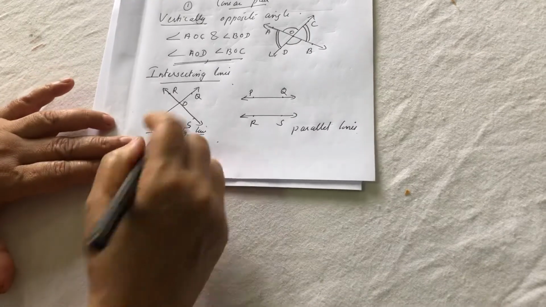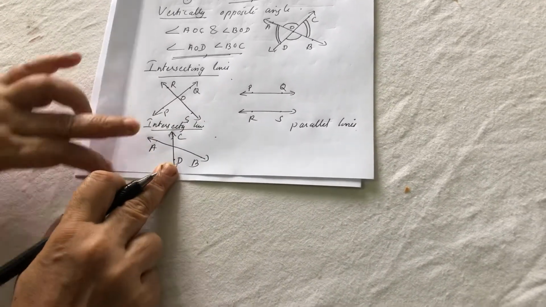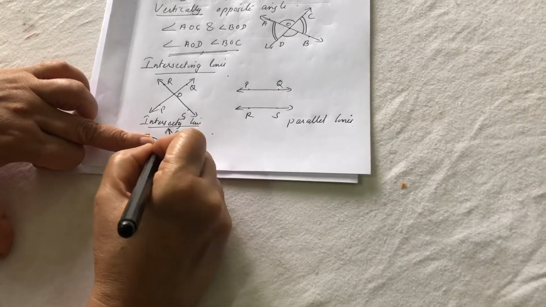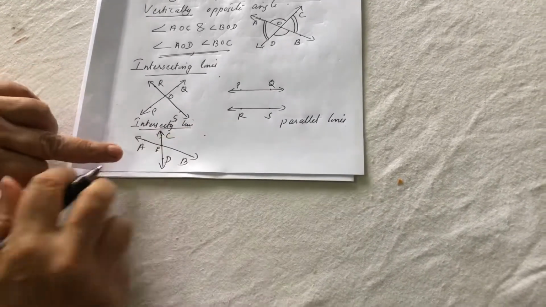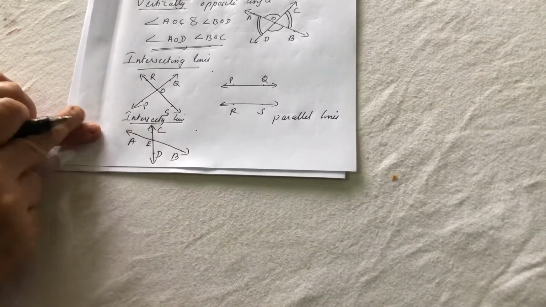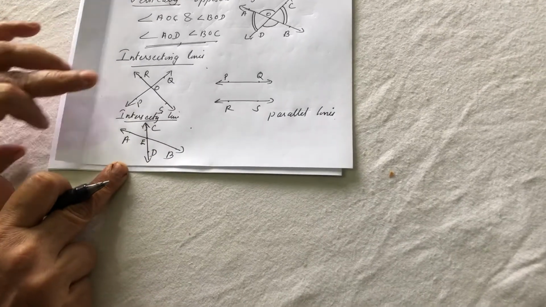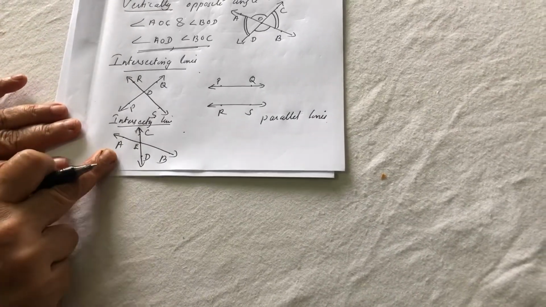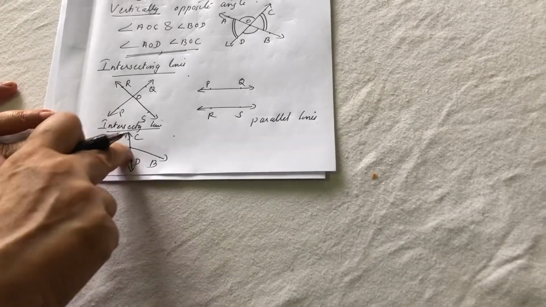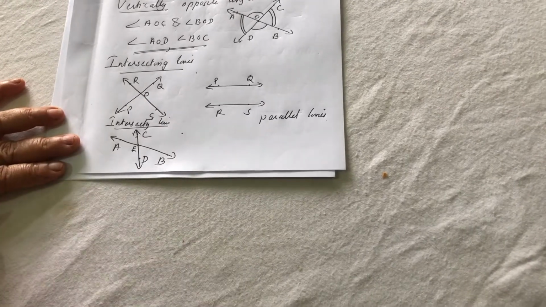These two lines are said to be intersecting if a point is there, suppose you take this point as E, through which the two lines pass. So what do you mean by intersecting lines? Two lines are said to be intersecting if a point can be found through which the two lines pass.